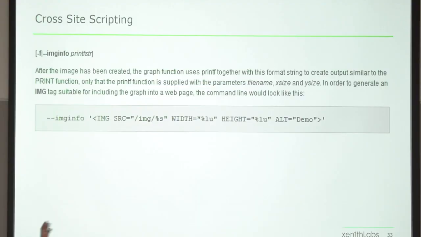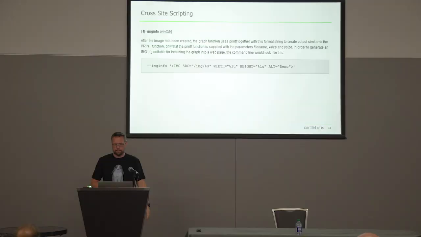The string has to have %s, %lu, but instead of doing an image source, you just do script tags, whatever, and it will generate cross-site scripting or tags in the tool output.